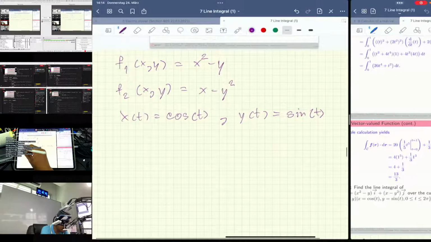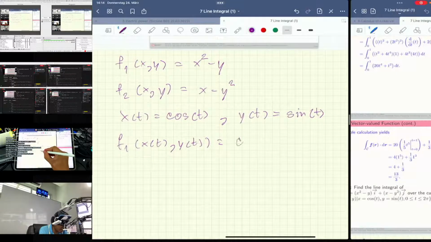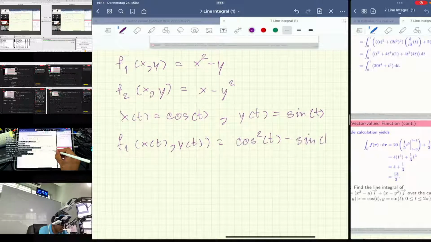So you can see that f1 in terms of t will be, of course, cosine squared t minus y, which is sine t, right?